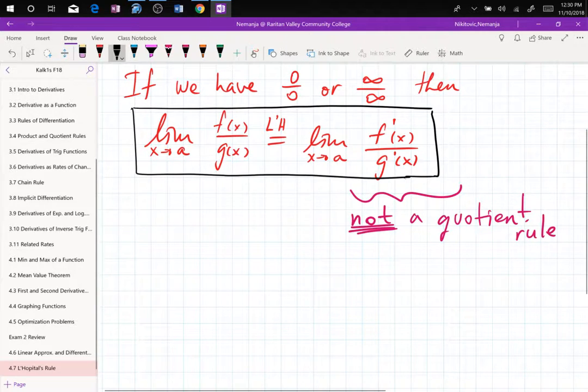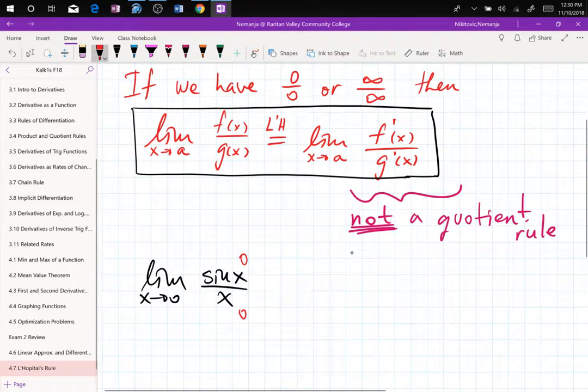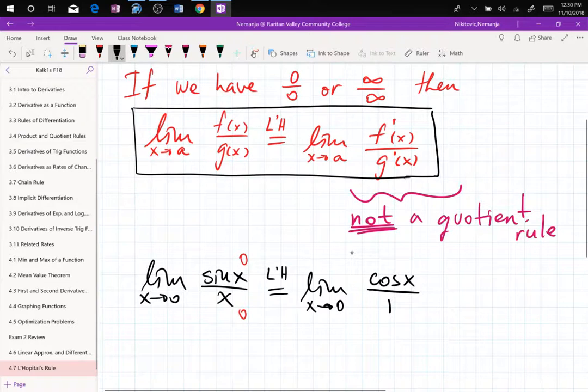So what is the limit as x goes to 0 of sine x over x? Well, when I plug in 0, I get 0 over 0, which means that this problem is of the indeterminate form. So if it is 0 over 0, and it is, I can use L'Hopital's rule to change this into the problem with the derivatives, which is the derivative of sine, cosine x, and the derivative of x in the bottom, 1.